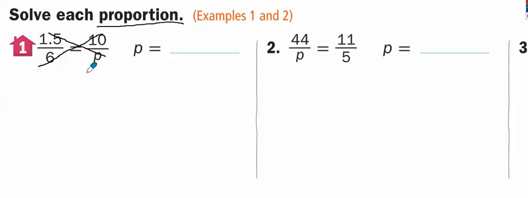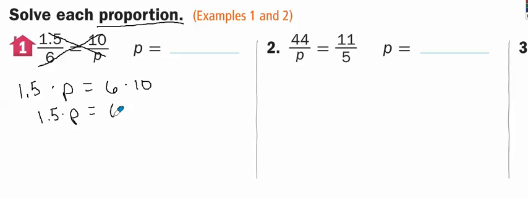So if we try that, cross products would say that 1.5 multiplied by p would have to have the same value as 6 multiplied by 10. They're products because a product is an answer to a multiplication problem, and they're cross products because we literally went across the proportion. So now this tells us that 1.5 multiplied by p should have the same value as 6 times 10, which is 60.